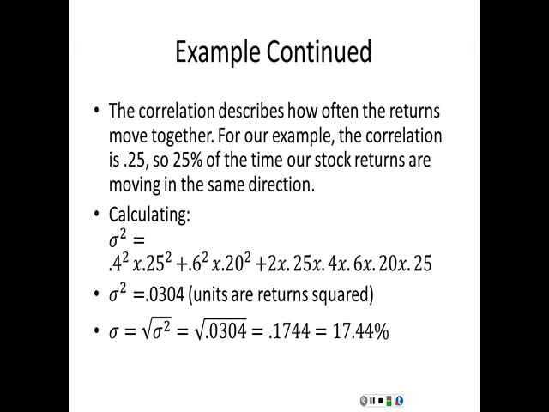The risk of Motorola is 25%. The risk of TI is 20%. The risk of our portfolio is 17.44%. By building a portfolio of 2 assets, through diversification we've reduced risk below the individual risk of each asset. Doesn't always work out that way, but this is the power of diversification.